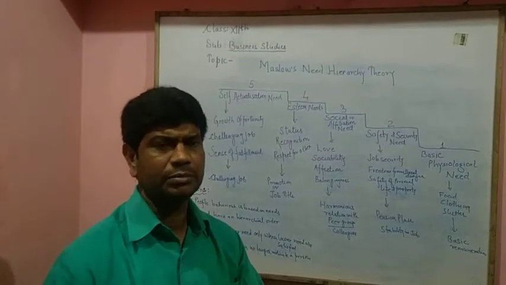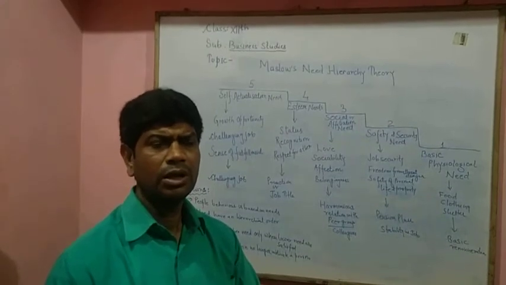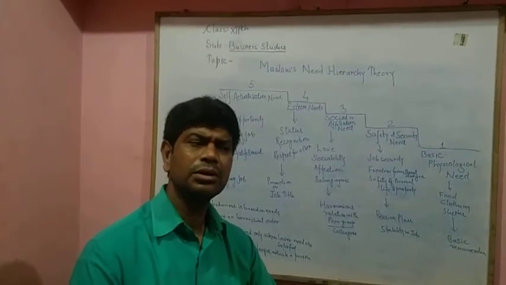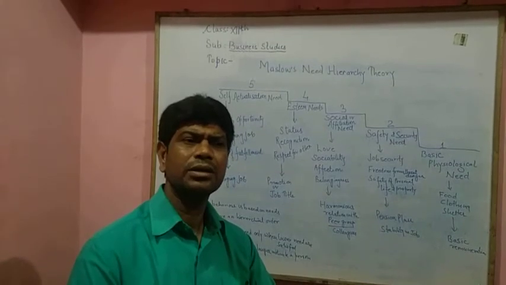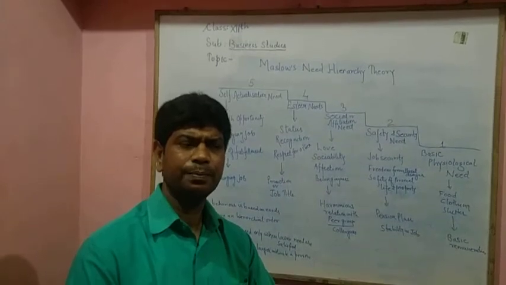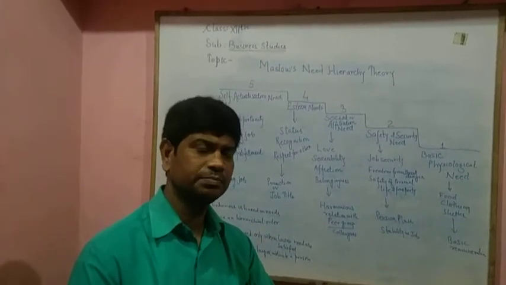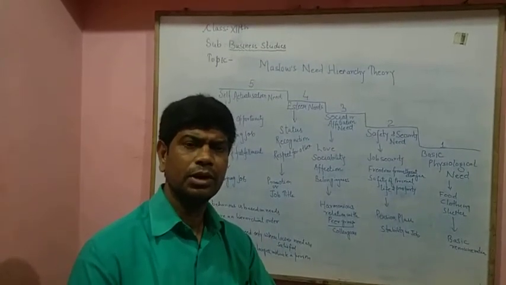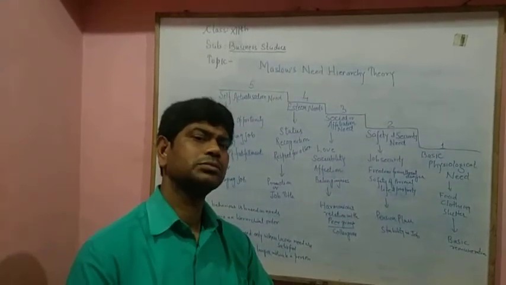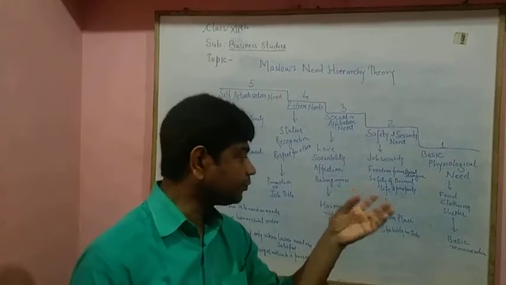For example, in the old age, what happens? Usually there are chances that they may not be able to work. So in such a condition, when they would not be able to work, how would they get their food, clothing and shelter?